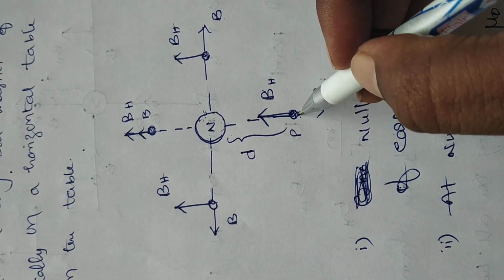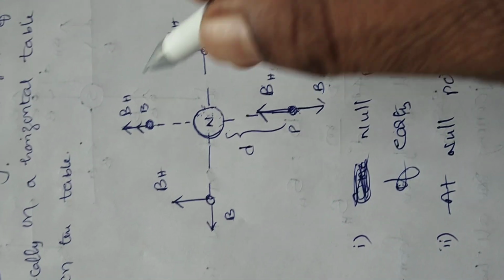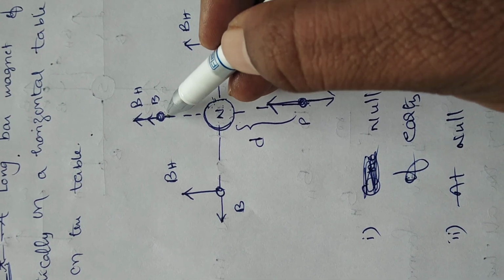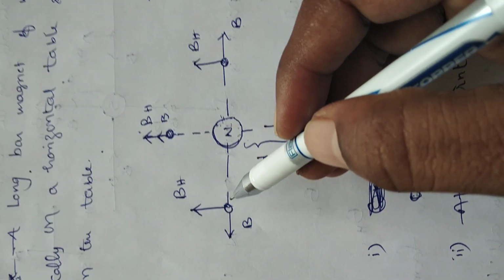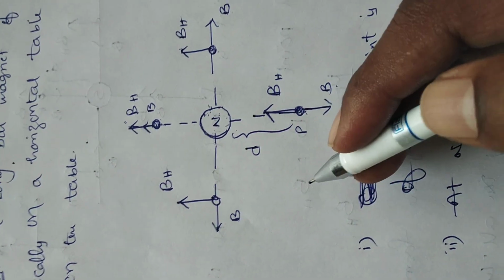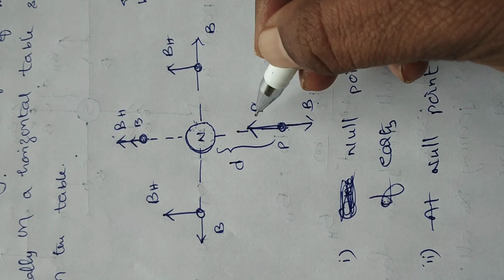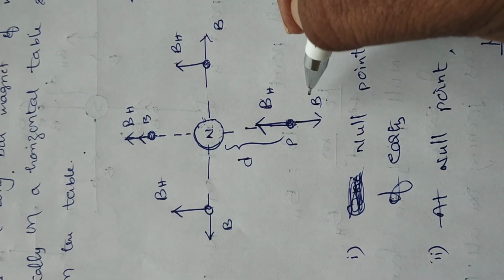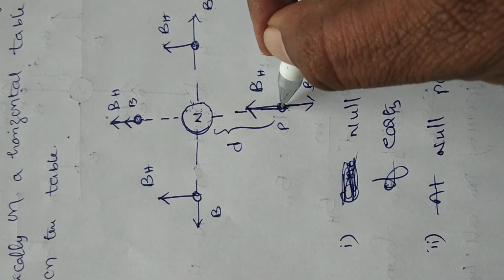This is not possible on this side because B and BH are perpendicular. On this side B and BH are parallel and in the same direction. Here B and BH are again perpendicular. So at this point only, B and BH are opposite. That's why their magnitudes may be the same. The net field is equal to 0. The point P is called the null point.